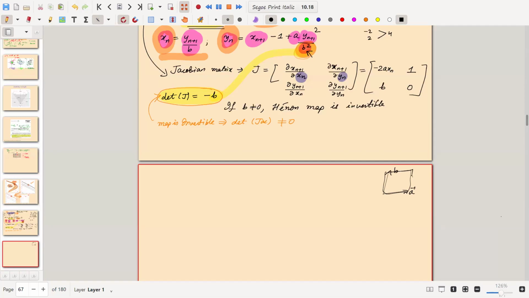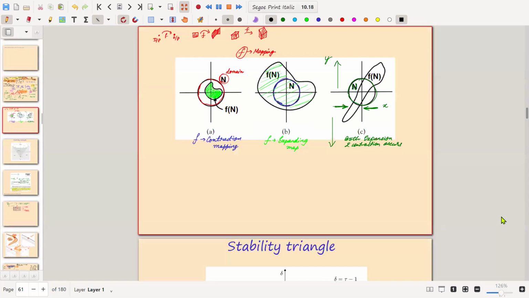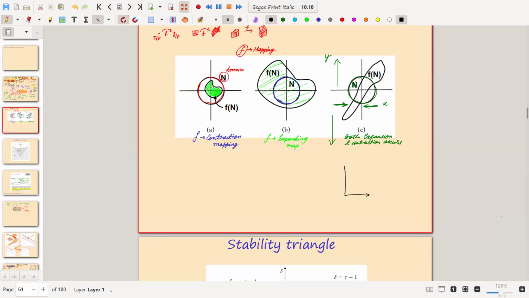What does it mean for a map to be expanding or contracting? This we discussed in last class also. You see this, that a 2D map takes a 2D point to a 2D point. Do you agree? This is X, this is Y, no? If you have this one point here, if you apply the 2D map, this point will take to another point, right?